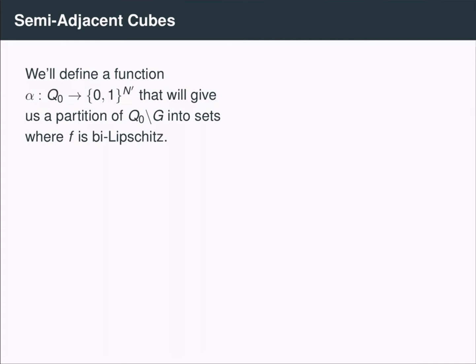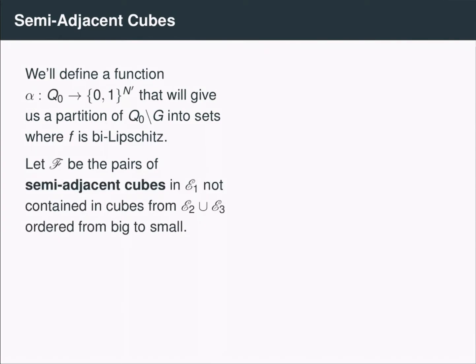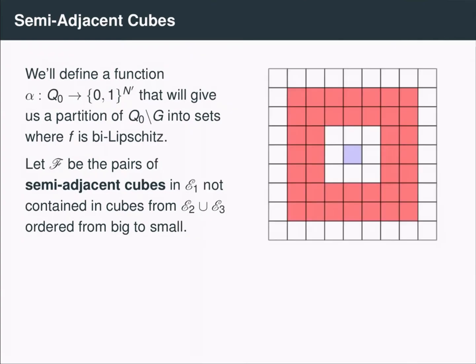Now we're going to define this function alpha inductively. So we're going to construct it as a limit of a sequence of alpha sub k's. In order to do this, we're going to let curly F denote the set of pairs of semi-adjacent cubes in E1, not contained in cubes from E2 union E3. So what does it mean to be semi-adjacent? If two cubes, Q and R, are semi-adjacent, that means that they have the same size, they're disjoint, but their triples intersect.